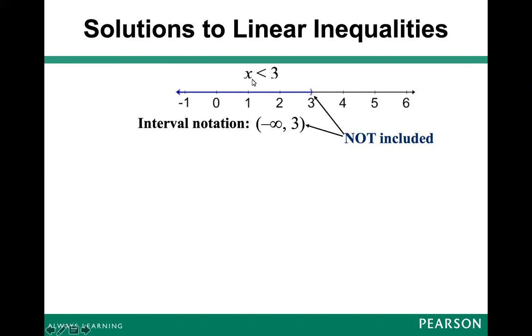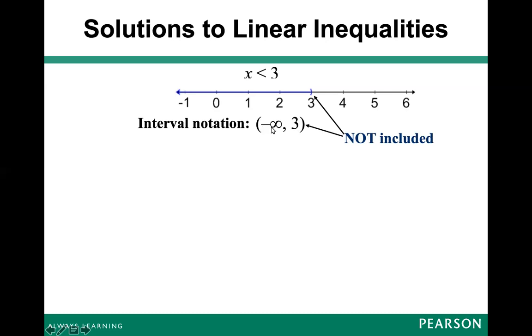If you take the graph of the set of x such that x is less than 3, which looks like this, in interval notation, that would be written with a parenthesis, -infinity, comma 3, and then a parenthesis next to the 3. The parenthesis next to the 3 means that the 3 is not included.